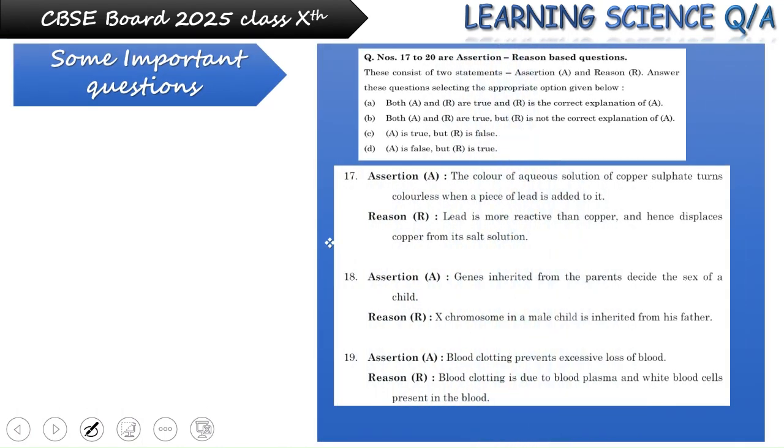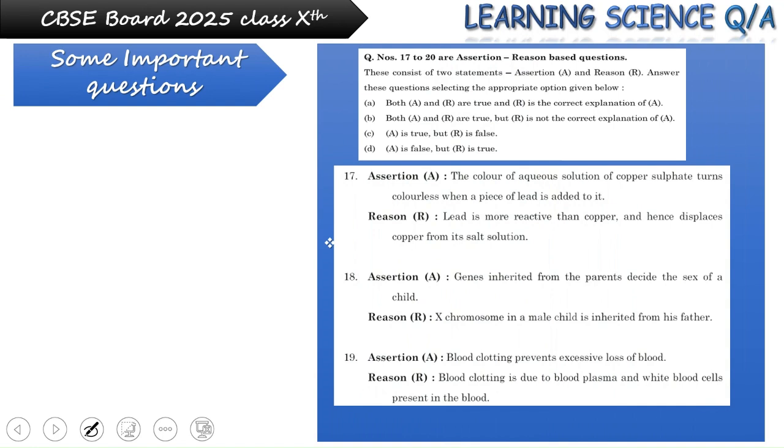Next, we have some more assertion and reason based questions. You all are aware that these questions consist of two kinds of statements. One being an assertion or a statement, another is a reason. What we need to know is whether the reason given for the assertion is true and correct for it or not, or whether the statement or the assertion itself is a true statement or not.